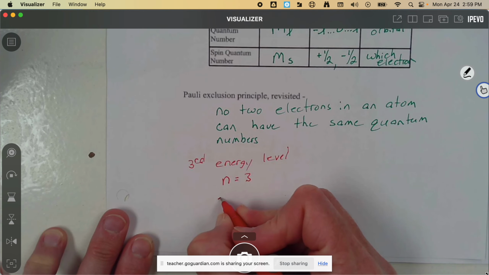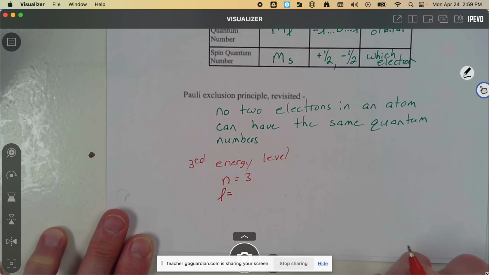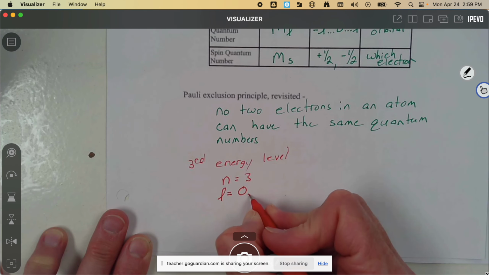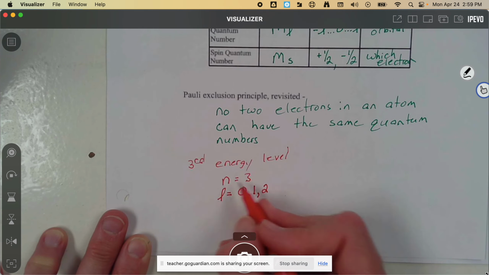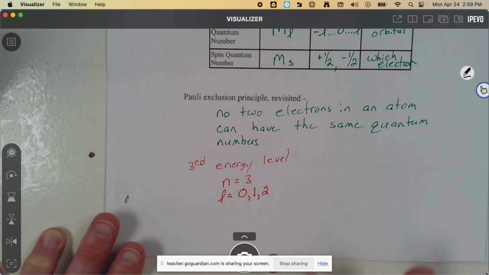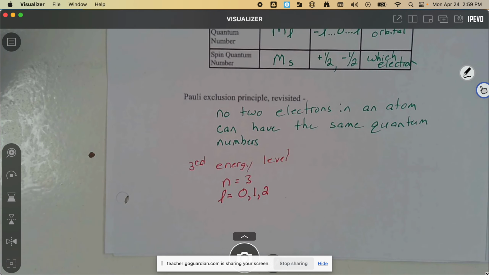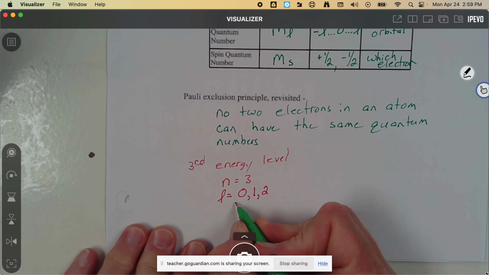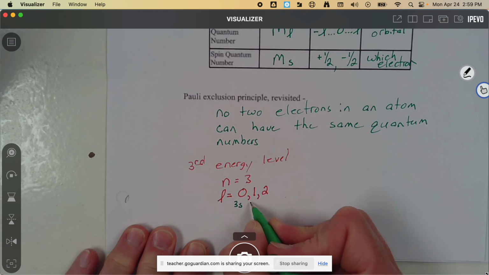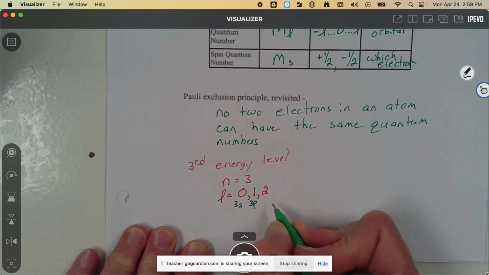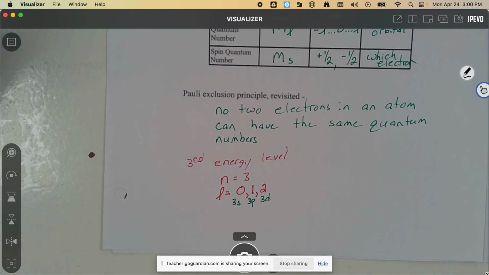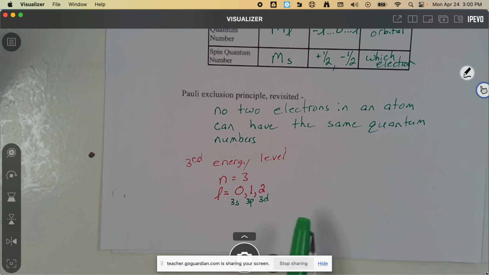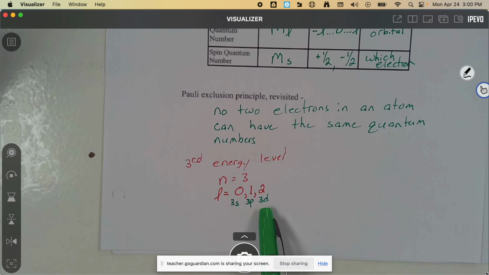So the allowed values for L in the 3rd energy level are 0, 1, and 2, because n minus 1 is 2. And L being equal to 0, 1, and 2 represents the 3s sublevel, the 3p sublevel, and the 3d sublevel. So n equals 3, L equals 2 is code for the 3d sublevel.